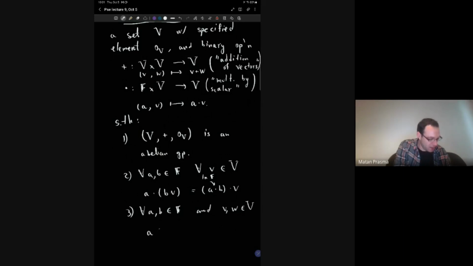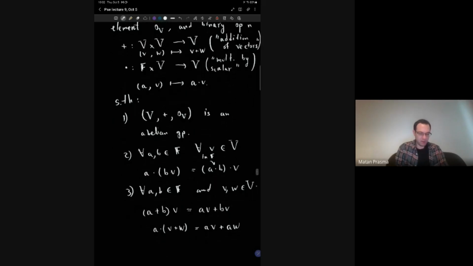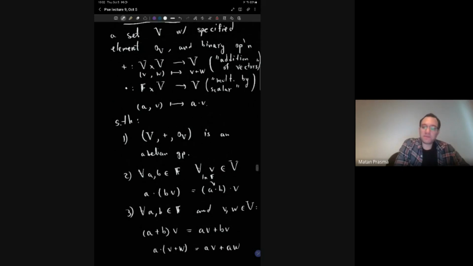I can do first (a plus b) times v, and this should be equal to av plus bv. And I can also do a times (v plus w), and this should be equal to av plus aw. Okay, so this is a vector space.